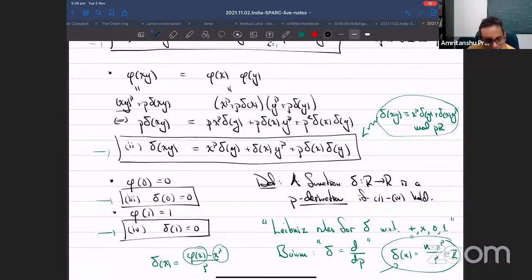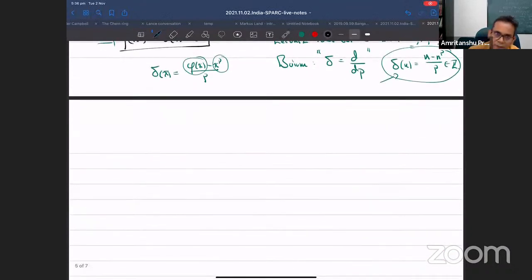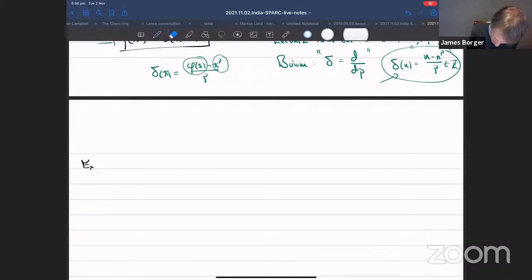Let me go to the next page. I carefully numbered my exercises, so I'll call this 1B. I think the following is true.